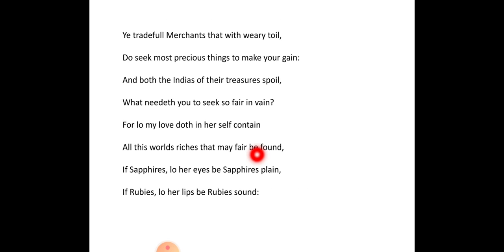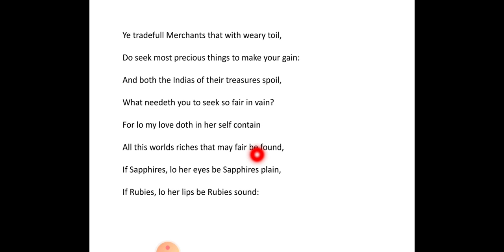Now let us start with the first quatrain, from "Ye tradeful merchants" till the end of "seek in vain." The first quatrain sets the scene by asking why the tradeful merchants work so hard to obtain rare and beautiful treasures from all around the world.